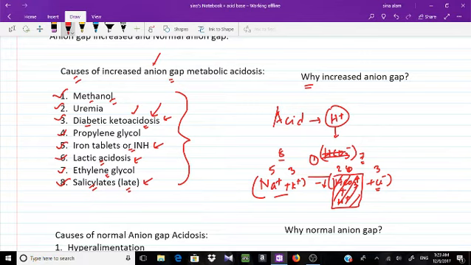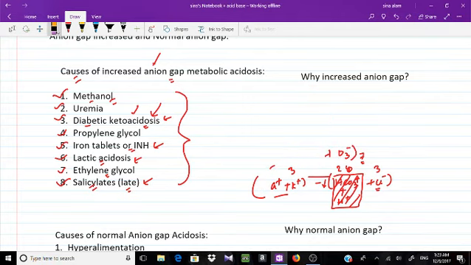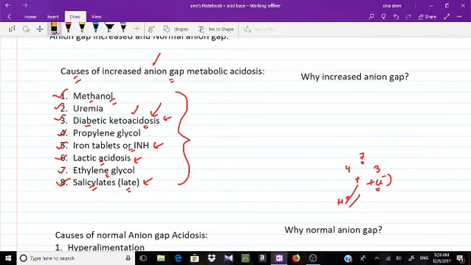Now this gap increased from 1 to 3. Although you know this is not a real calculation, because that's not the normal value of these ions. You know the normal values better than me, and I just give you an idea of how it happens. So that's why you see an increase in anion gap here.